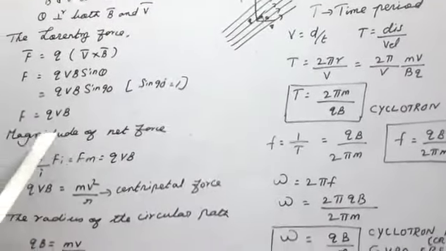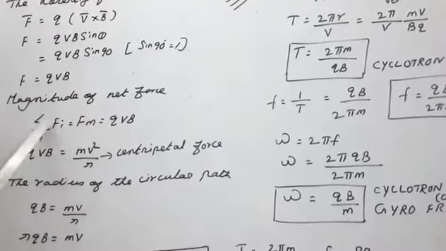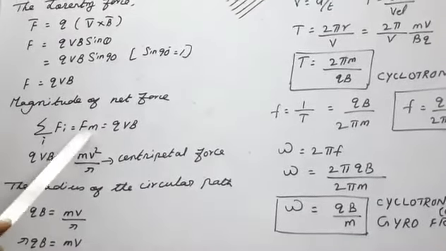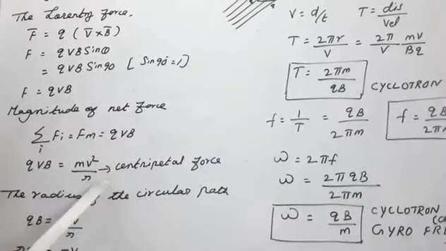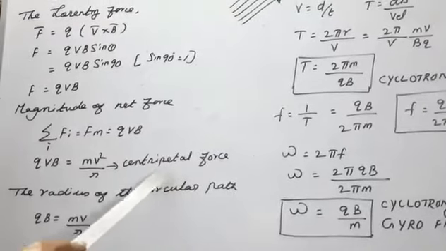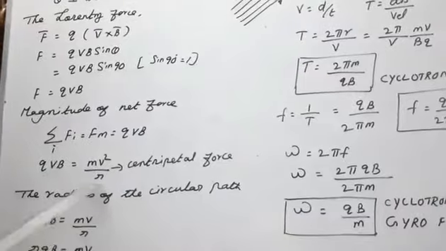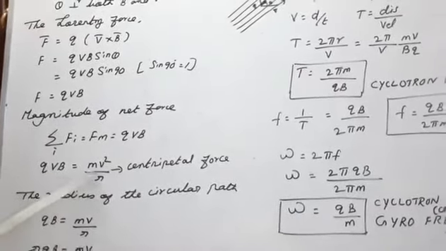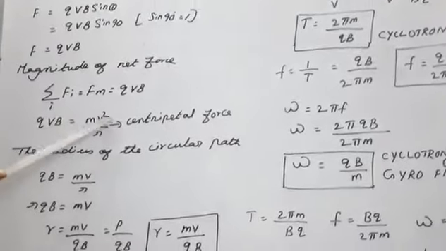Therefore, the magnitude of the net force on the particle, F net equals Fm equals qvb. In circular motion, the Lorentz force is equal to the centripetal force. Centripetal force is mv squared by r. Therefore, qvb equals mv squared by r. v cancels on both sides.